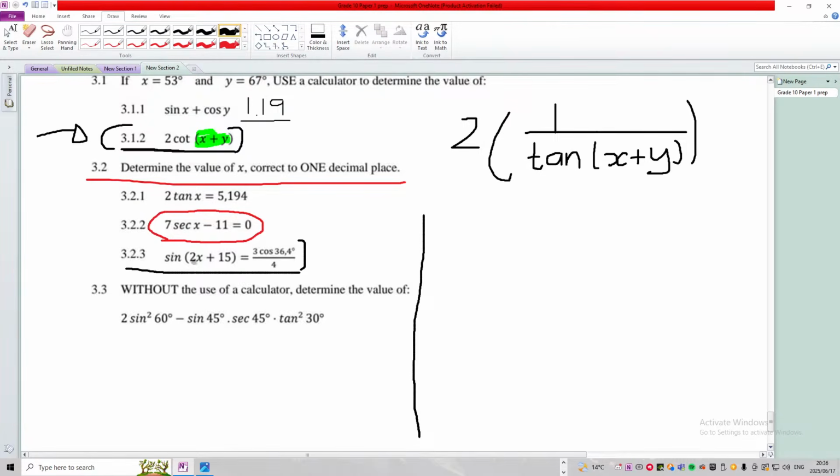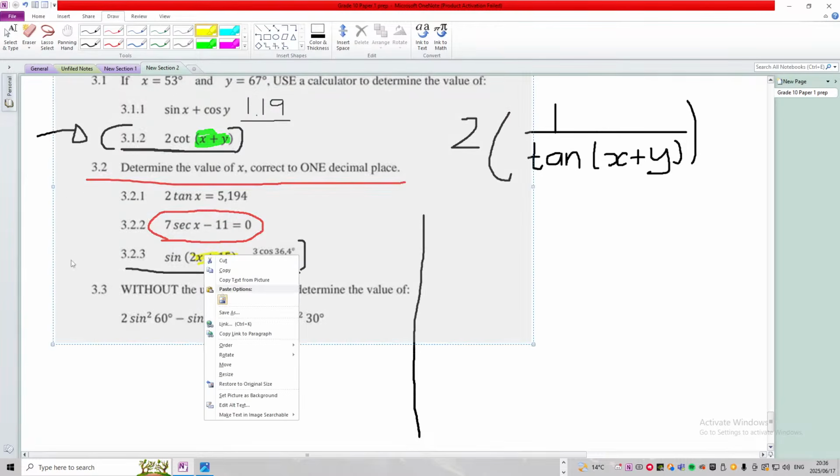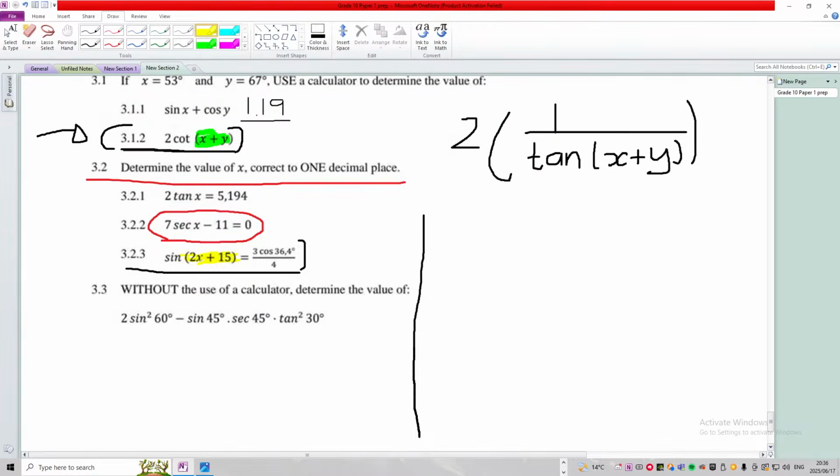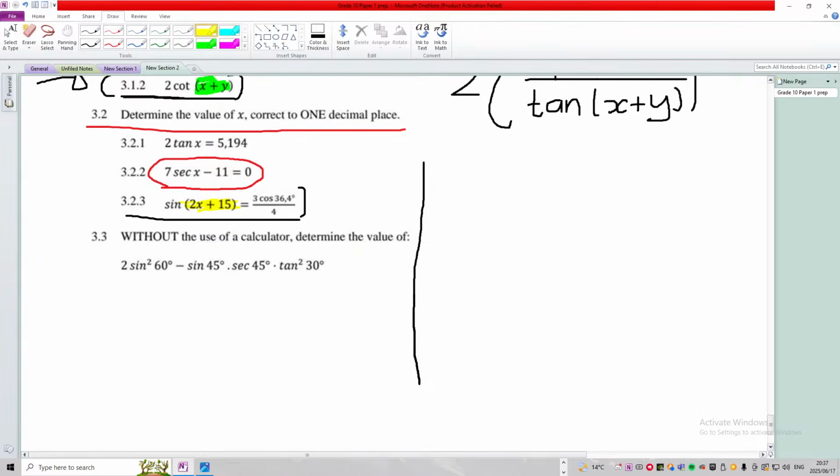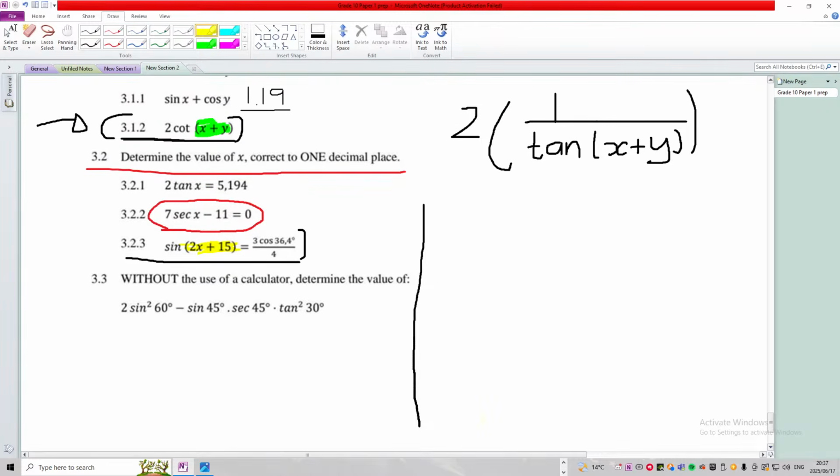The key here is that inside the brackets is 2x plus 15. You can't take the 15 over. So the 1 is multiplied by 7. Wait, did I make a mistake now? Because I tried to move fast now.